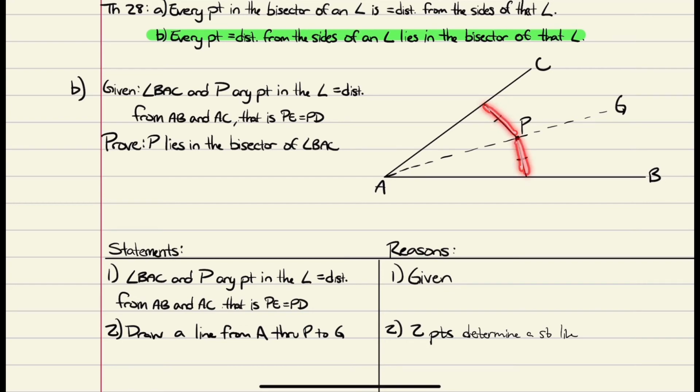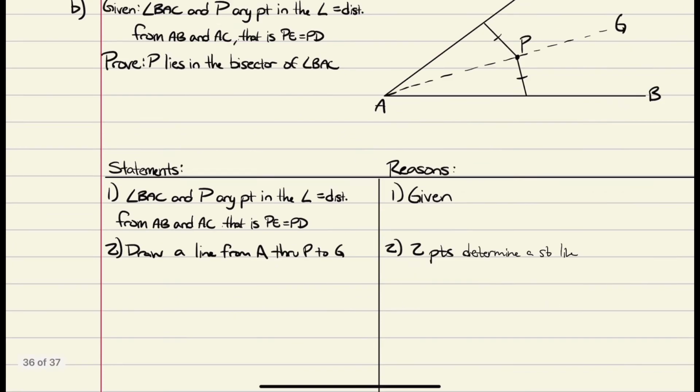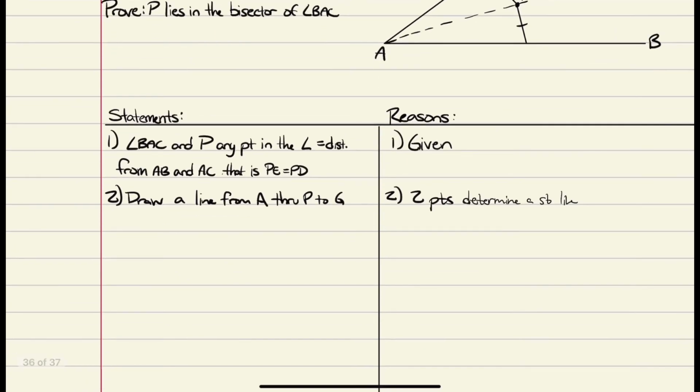And so PE and PD are perpendicular to AC and AB respectively. Number 3, definition of distance from a point to a line.